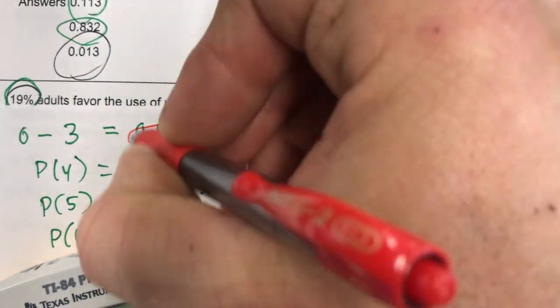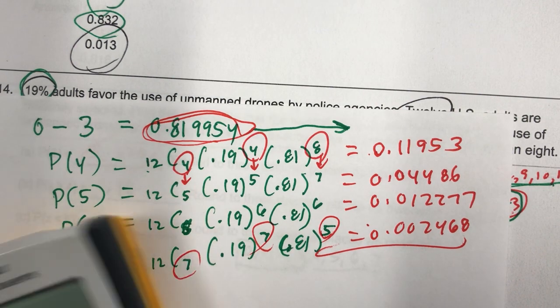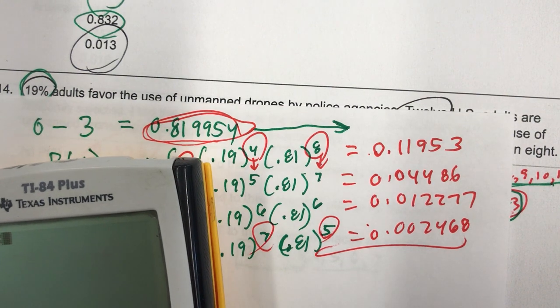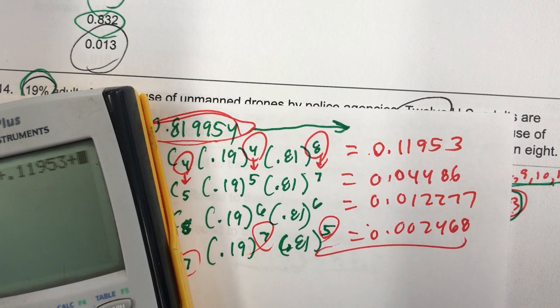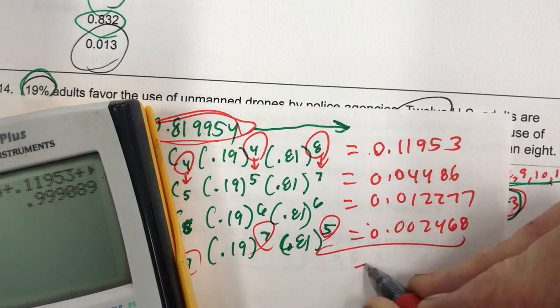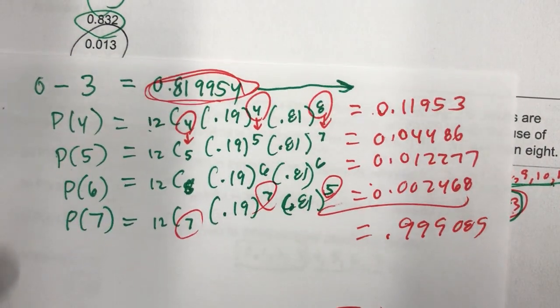All right, now add these up. Now remember, they're adding this one with it. This is the probability of 0 through 7. So 0.819954 plus 0.11953 plus 0.04486 plus 0.012277 plus 0.002468, and here we go, 0.999089, which is almost, that's like 1.